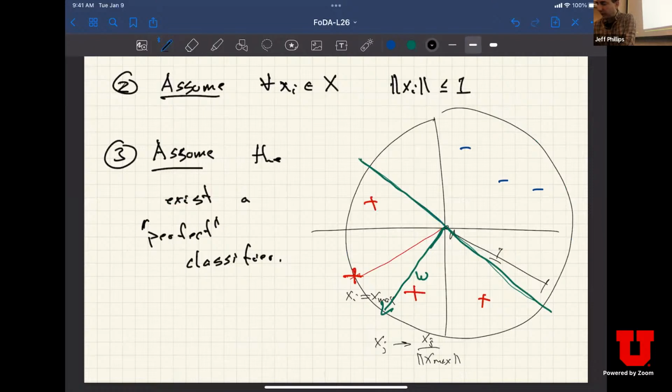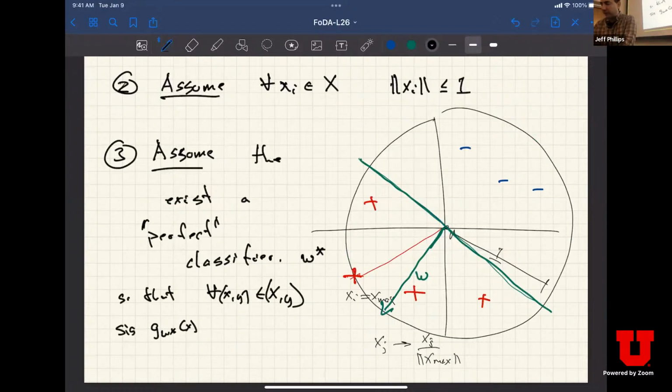Let's call this W star, so that for all x, y in our data, the sign of G of W star of x is equal to y_i. So there exists a classifier that will classify everything correctly here.